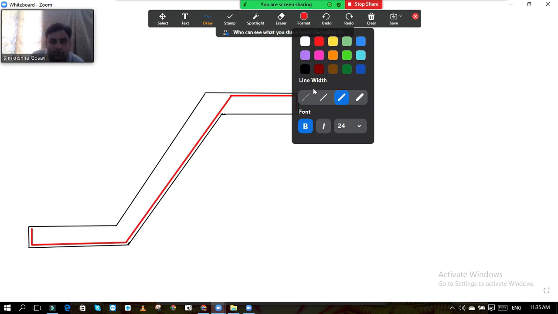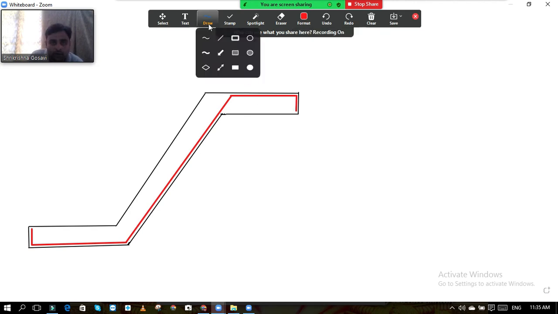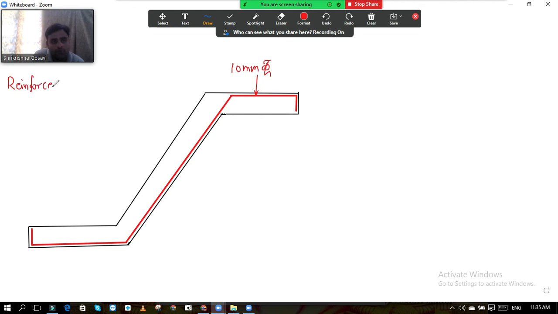This bar is your main steel bar, and this is 10 bar. Now this is the reinforcement details of flight BC.